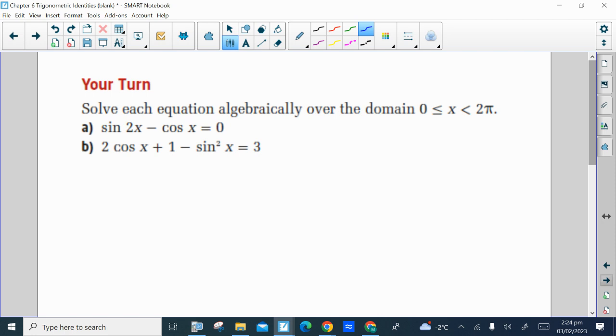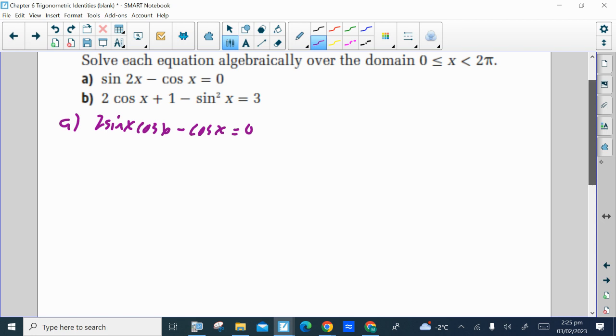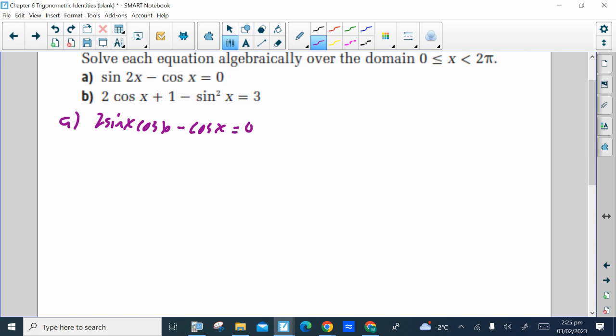So in this case, we have the same domain between 0 and 2 pi, which tells us where answers have to be in radians. It also tells us that 0 could be an answer, but 2 pi could not. For sine 2x, there's only one option, and that is 2 sine x cos x. And our next step is that we would factor.